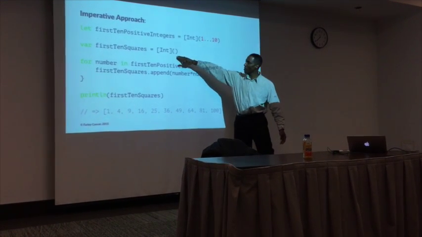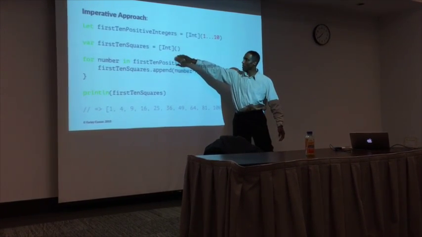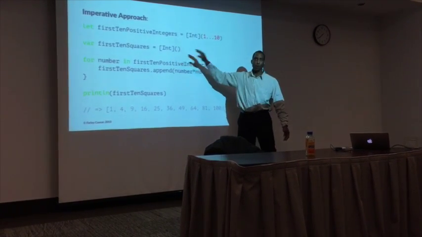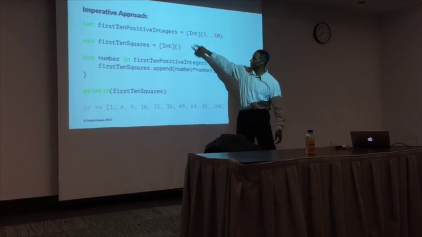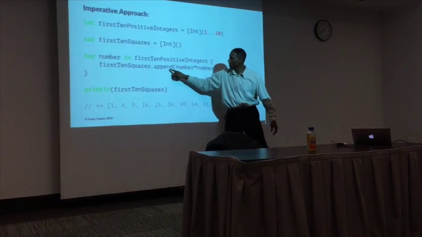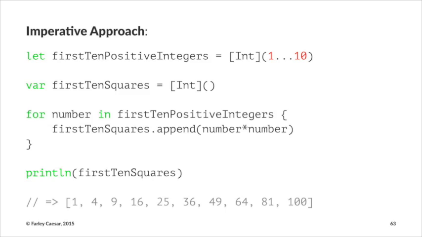I'm going to create an integer array instantiated, and that's going to be my holder for the answer. And I'm going to loop through those positive integers, and then keep adding the answer to my integer array. And then I can print it, and then hopefully I should get the right answer, which is at the bottom here.